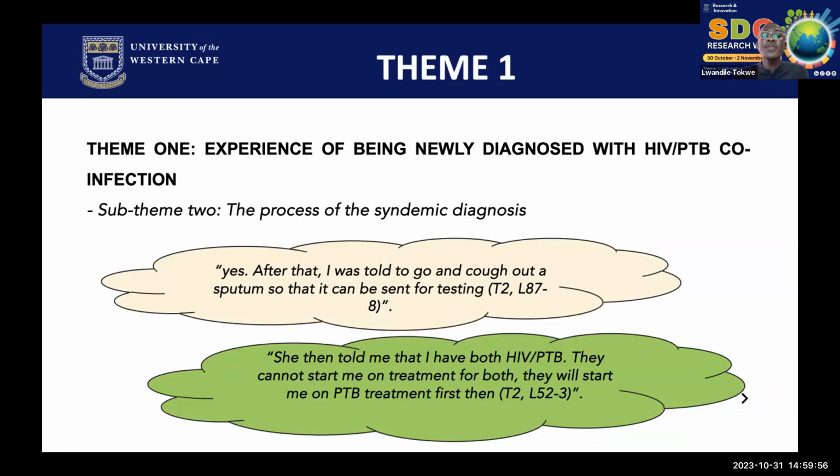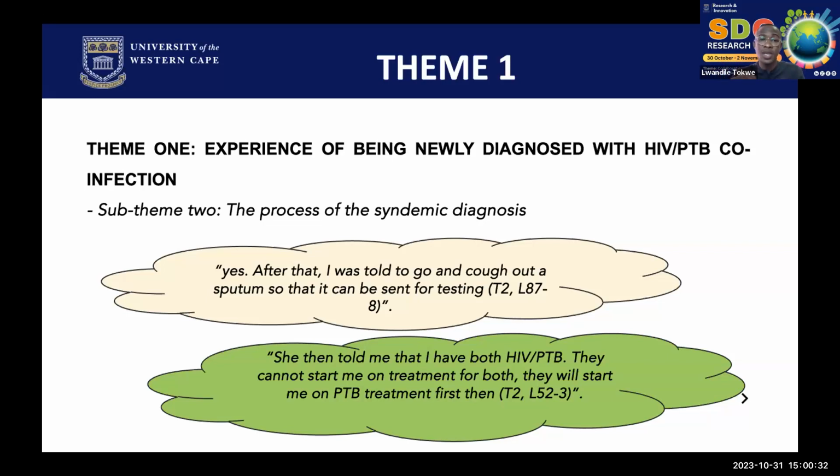And then another sub-theme that emerged was the process of the syndemic diagnosis. If I reflect, these patients were newly diagnosed with HIV and pulmonary TB co-infection. So when they were describing their experiences, they verbalized that when they were diagnosed with HIV and pulmonary TB co-infection, of course, with HIV they were diagnosed using the HIV antibody test, but with pulmonary tuberculosis, there were different diagnostic methods that were used.